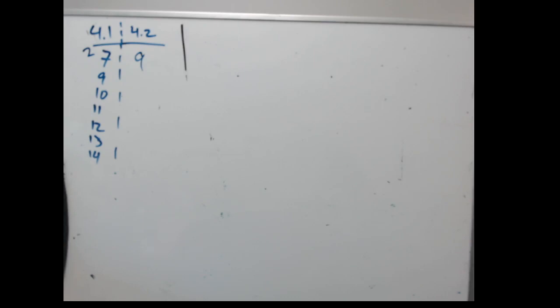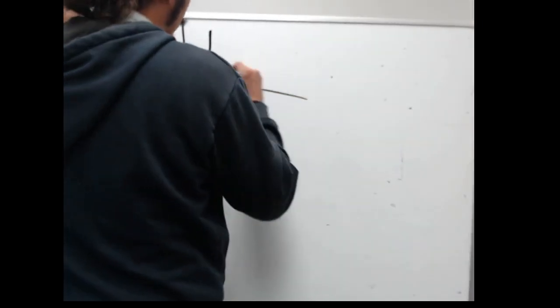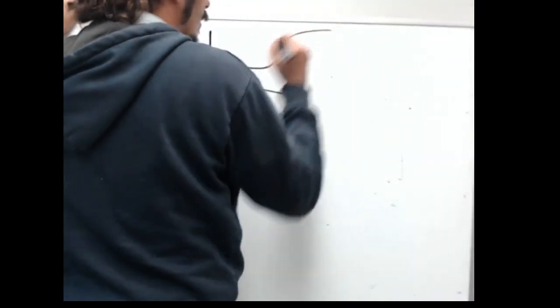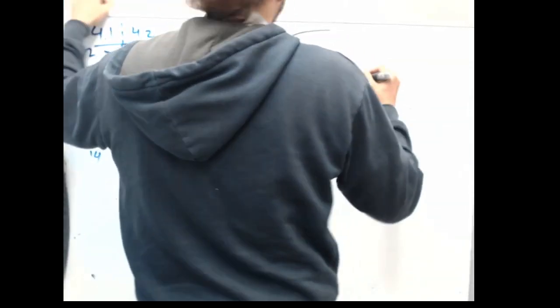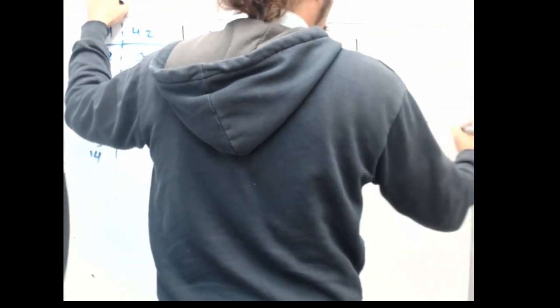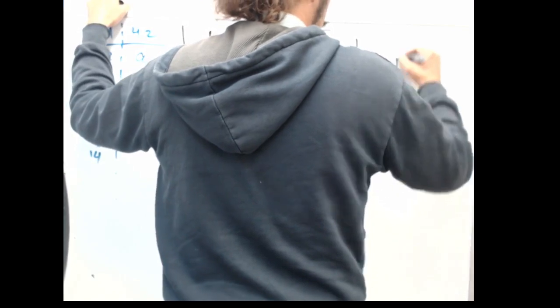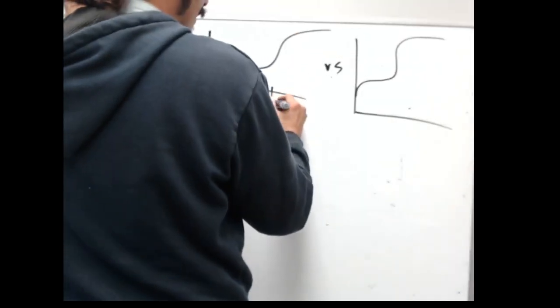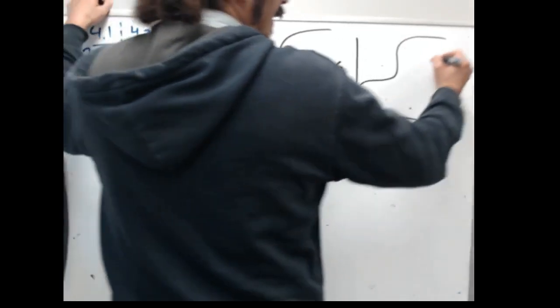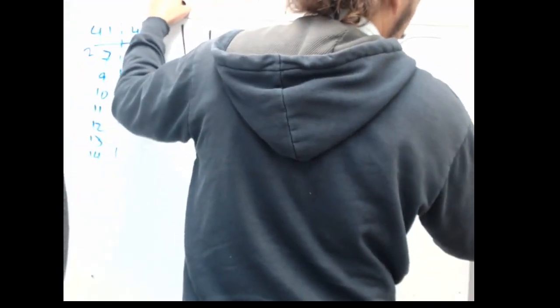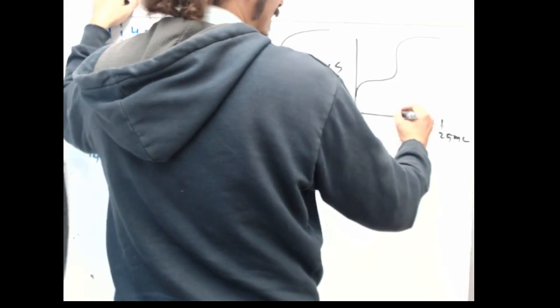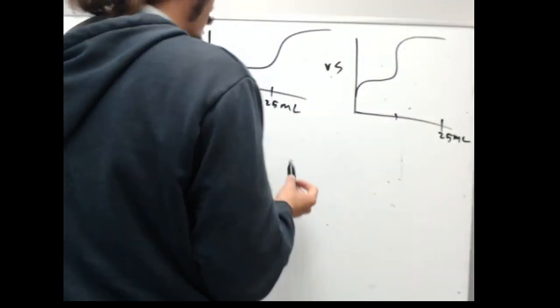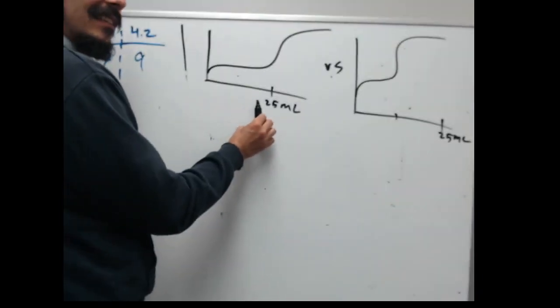Could you do a tiny little sketch so we can follow along? Yeah. We're looking at a couple curves, and I'll just do 2 curves. We've got one curve like that, versus one curve like that. Now if these were on the same scale, where this is 25 milliliters and over here is 25 milliliters, this one's down lower. Remember, the x-axis is the stoichiometry.